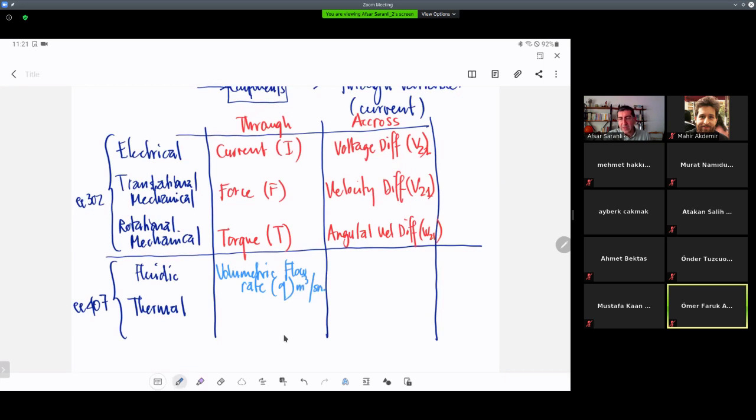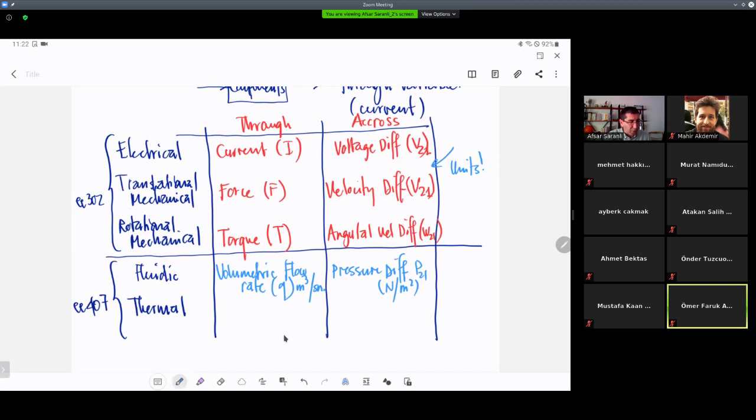Okay, and you can write the units for these as well. Okay, and we have pressure difference, P21, unit is Newton per meter square. So force per unit area is the unit of the pressure.